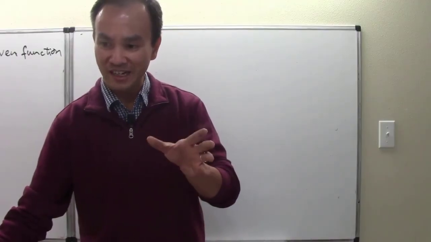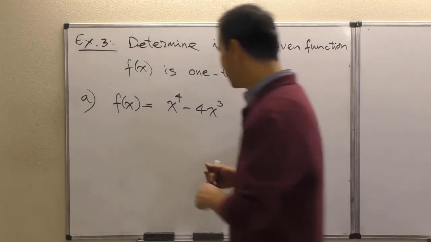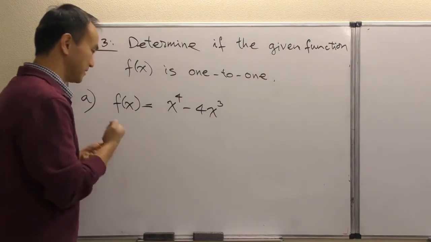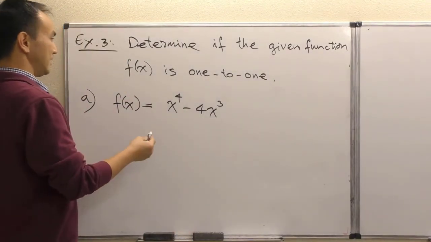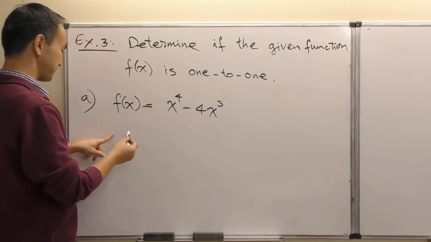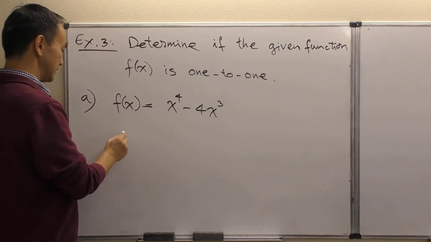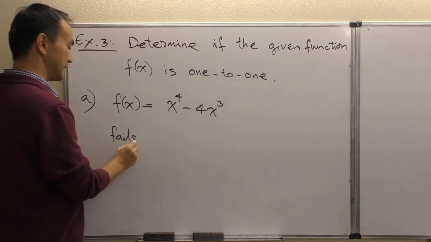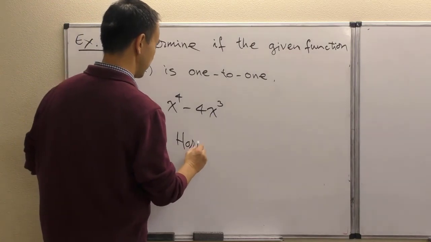So now after seeing that nature about our graph like that, now we have a firm answer. Then for this function, you can simply make one answer over here. This function fails the horizontal line test.